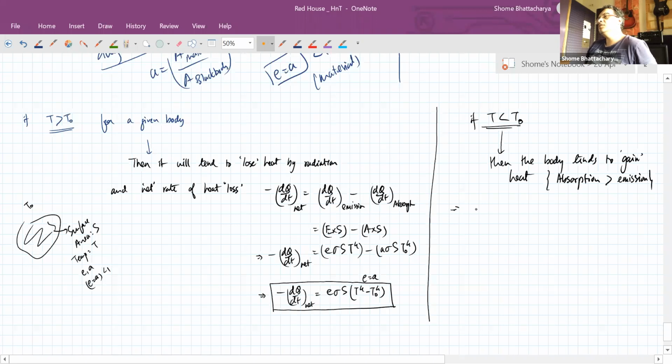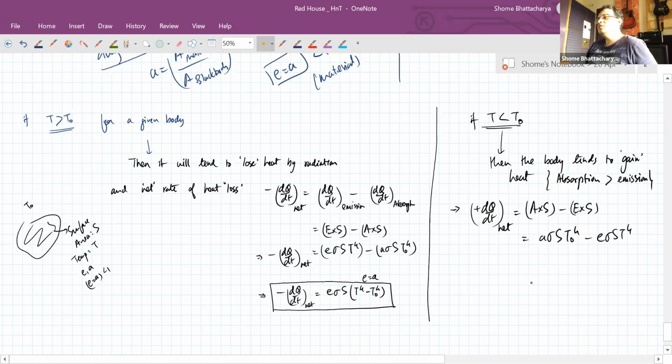So in that case, dQ by dt net will be equal to absorptive power into surface area, minus emissive power into surface area. Okay. So again, it will become this minus.